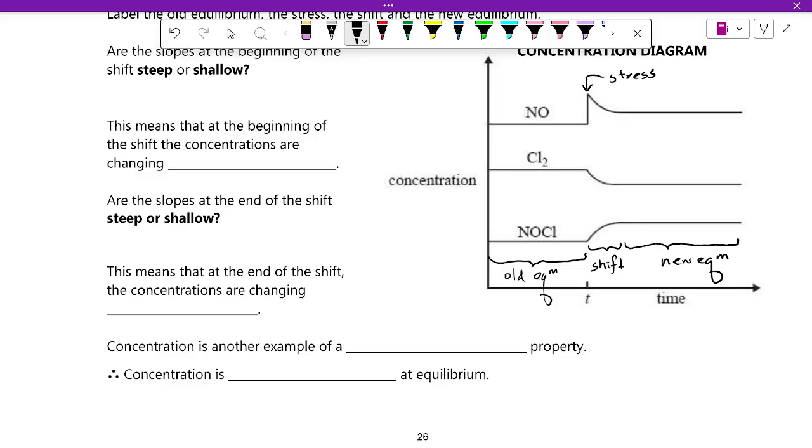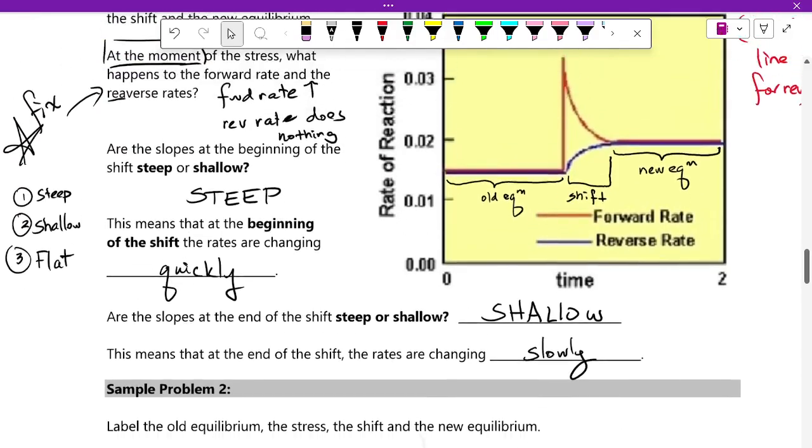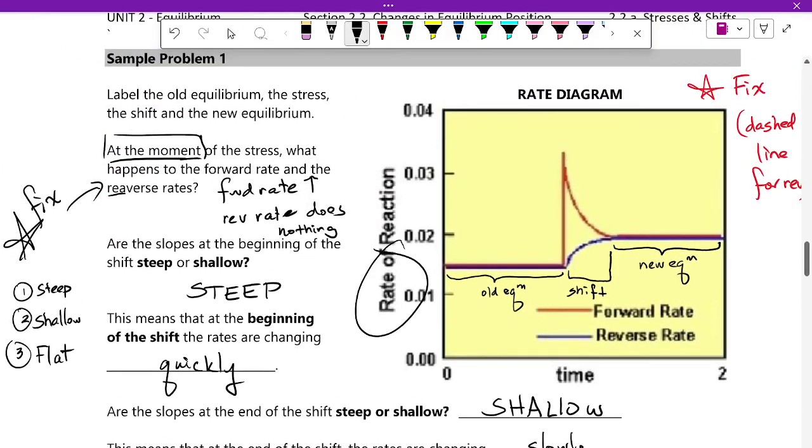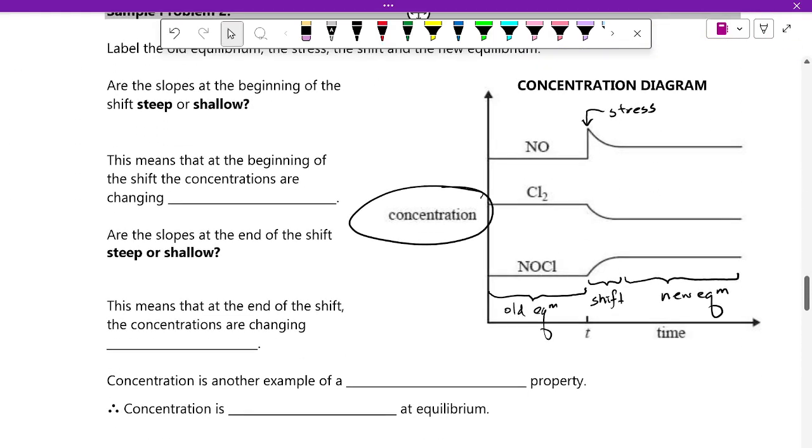Okay, are the slopes at the beginning of the shift steep or shallow? Steep. So does it matter whether it's a concentration diagram or a rate diagram in terms of the shape of the shift? No, it's always going to be steep, shallow, flat, no matter whether it's a rate diagram or a concentration diagram.